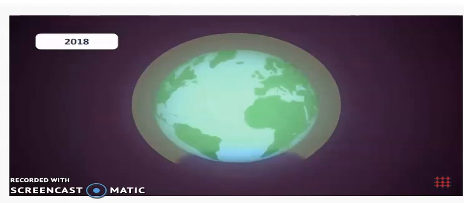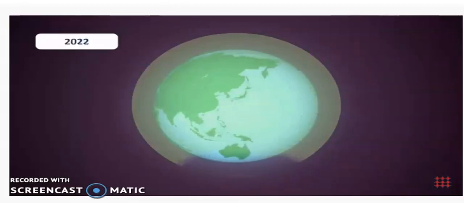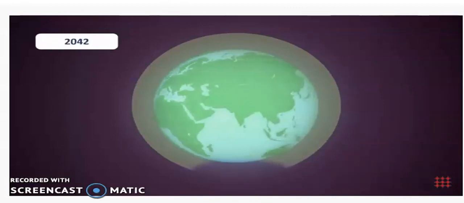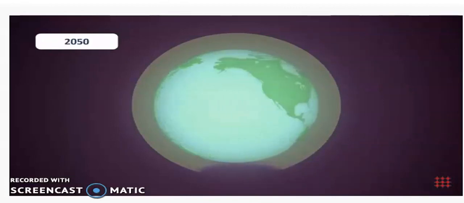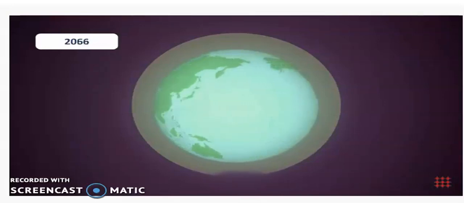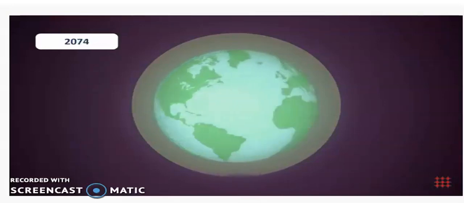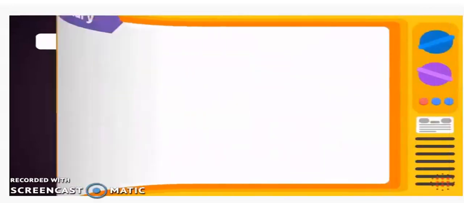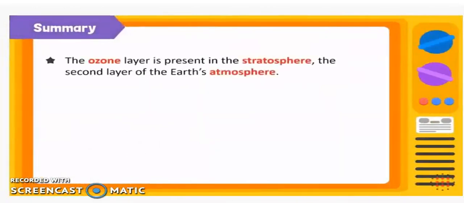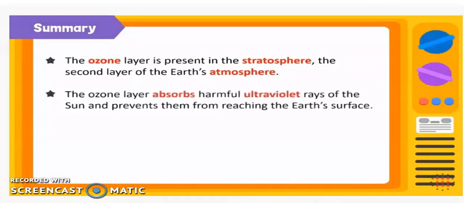It is estimated that if we continue to take measures to heal the ozone layer by prohibiting the use of ozone depleting substances, the level of ozone will return to pre-1980s level by 2075. Now this is the summary of ozone layer depletion.